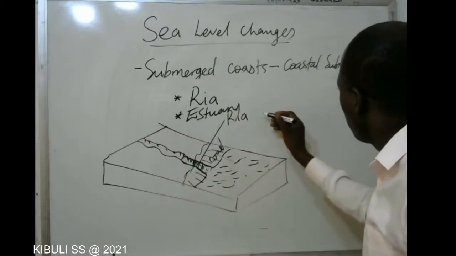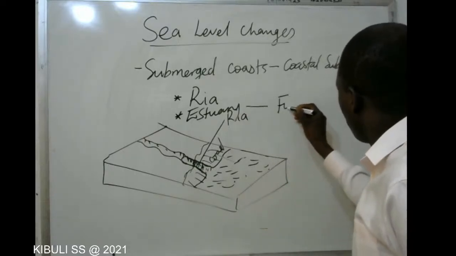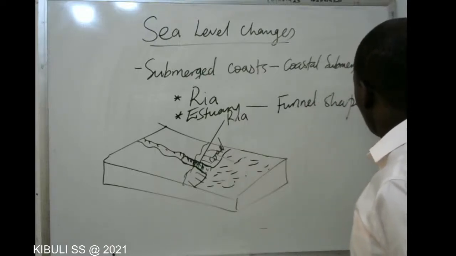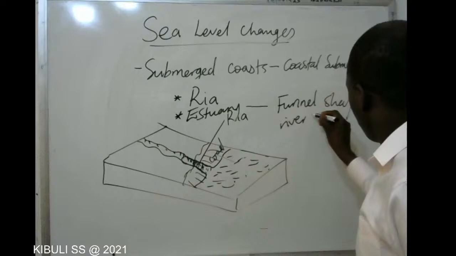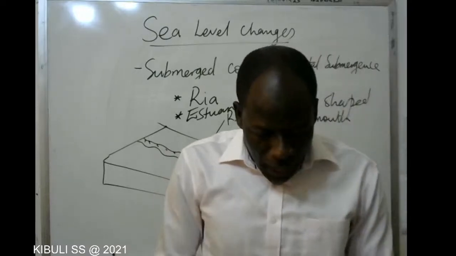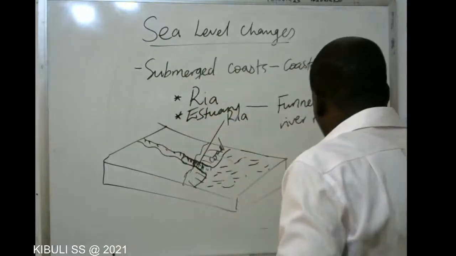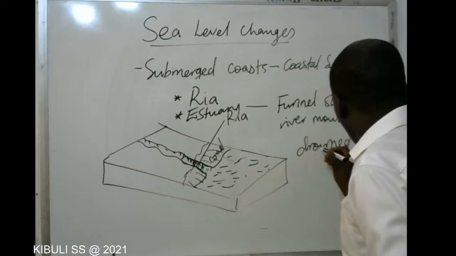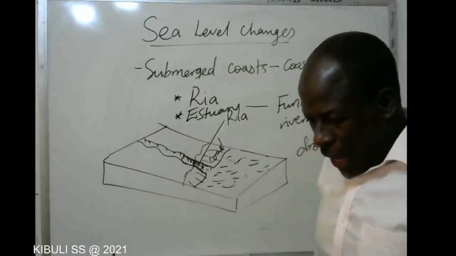It is a funnel-shaped river mouth which has been flooded or drowned by a rise in sea level.